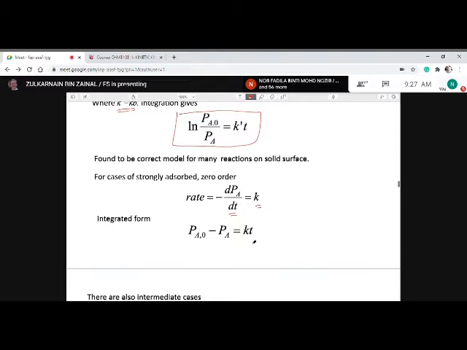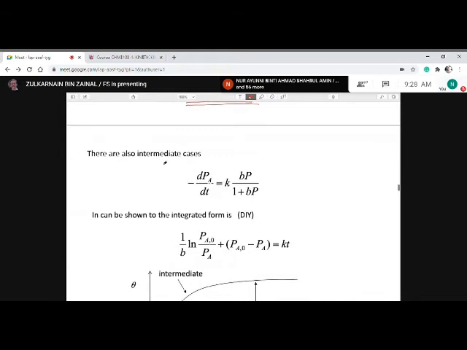And the integrated form of that is PA0 minus PA equal to Kt, the integrated form of this zero order reaction.